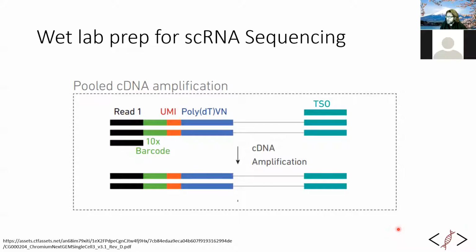Now, there are certain biases that are introduced when you do this. So, for example, one cDNA fragment might amplify more than another. Fortunately, you have the UMIs. The UMIs are going to be amplified at the same rate as the rest of the read.